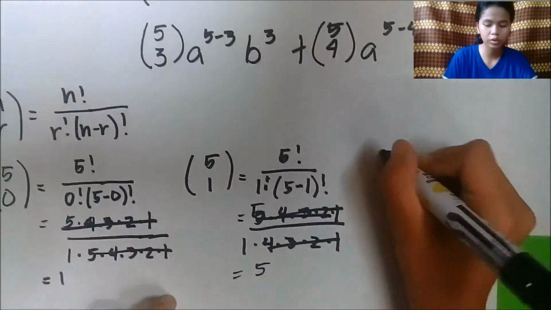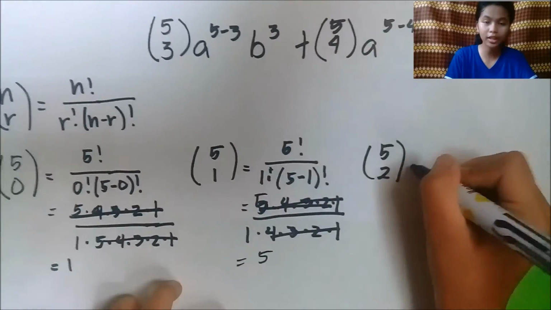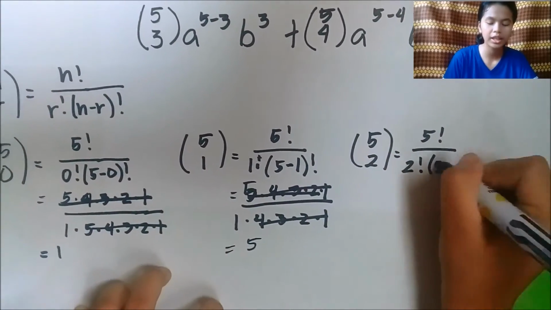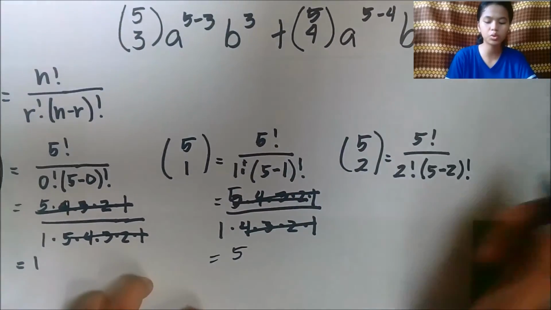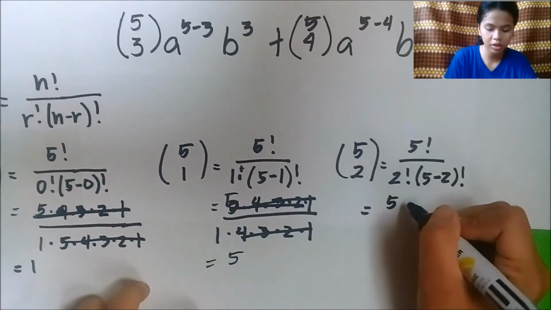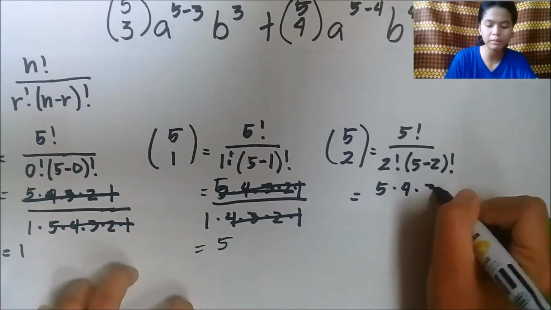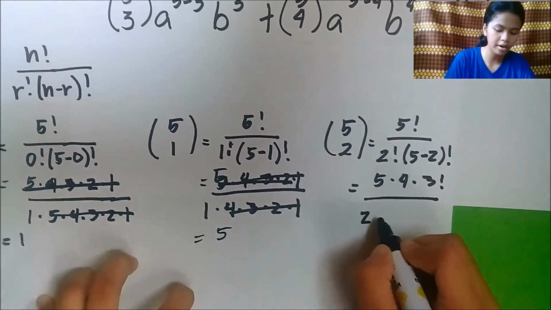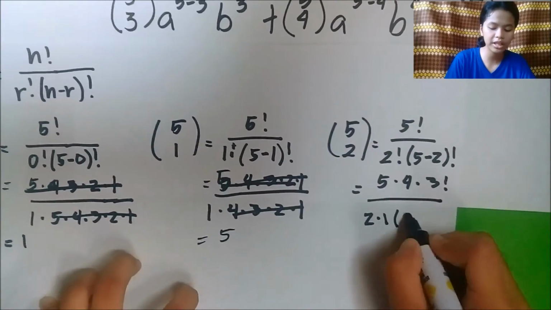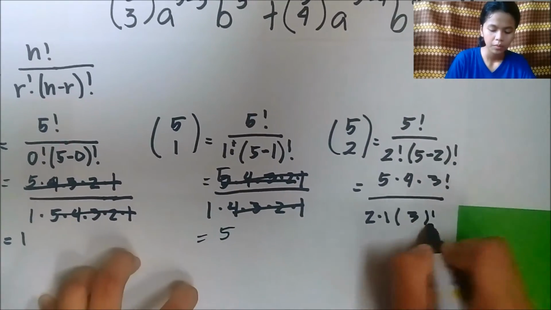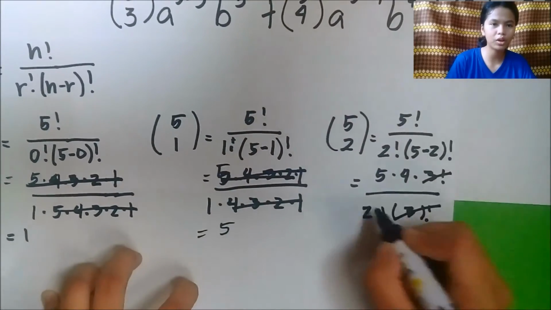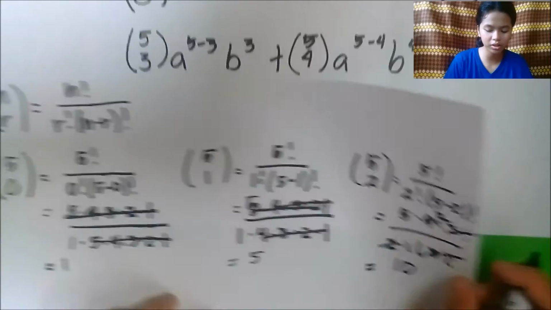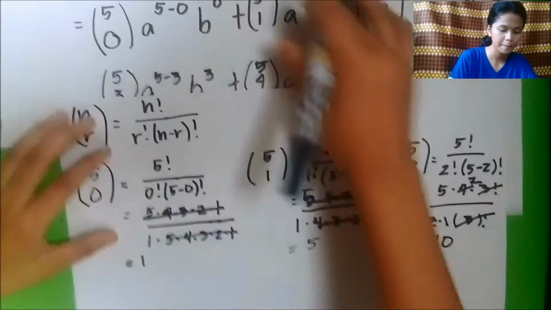Now, we are going to solve for 5 taken 2, which is going to be equal to 5 factorial over 2 factorial times the quantity of 5 minus 2 factorial. This is now going to be equal to 5 times 4 times 3 factorial all over 2 times 1 times the quantity of 3 factorial. Now, we can easily cancel the 3 factorial. So, this expression is going to be equal to 10.